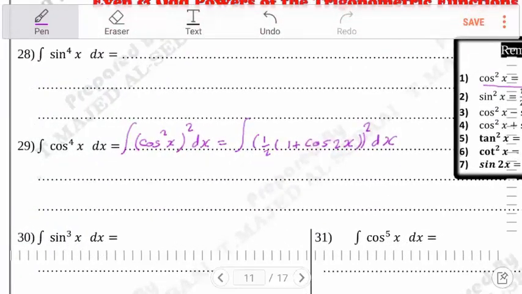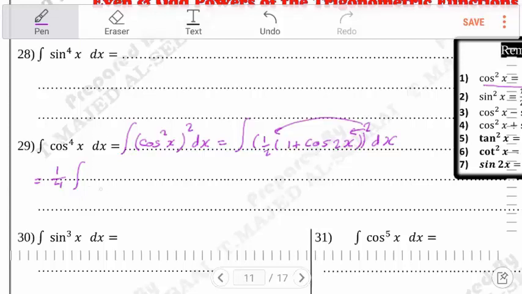Equal. This half will come here and here. Half squared is going to be 1 over 4, and I will let it be out of the integration. And 1 plus cosine 2x all squared can be opened by using the smiley face, right?